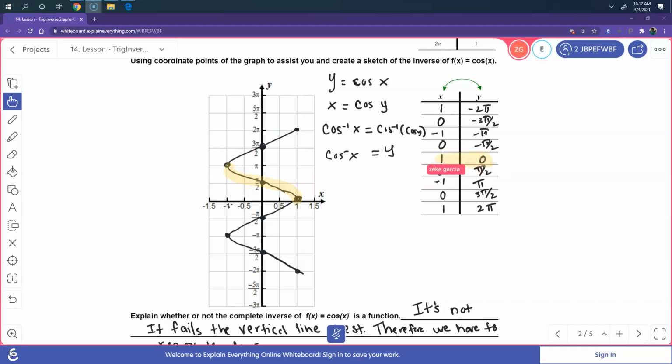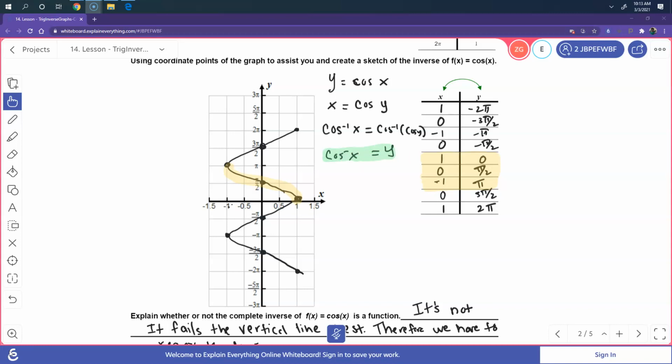So we're going to restrict it from 1 to -1. That's our restriction. And just like we said before, the capital C indicates that the function has been restricted.